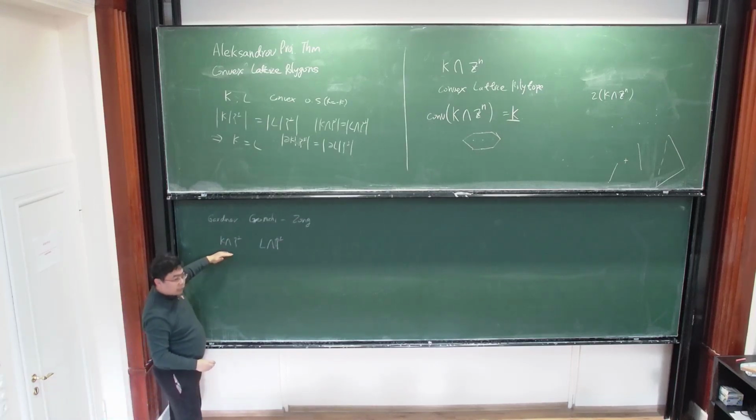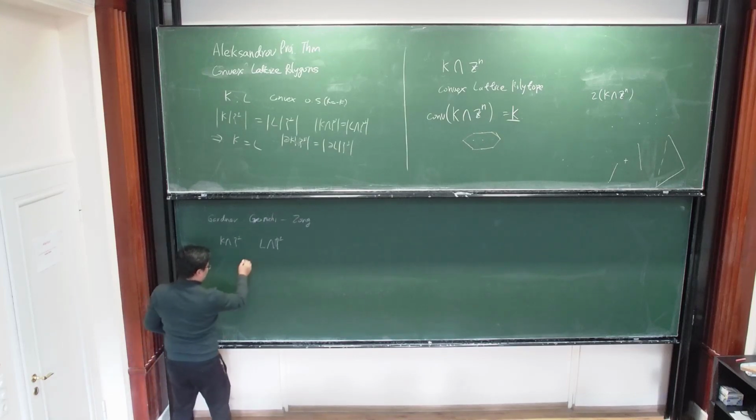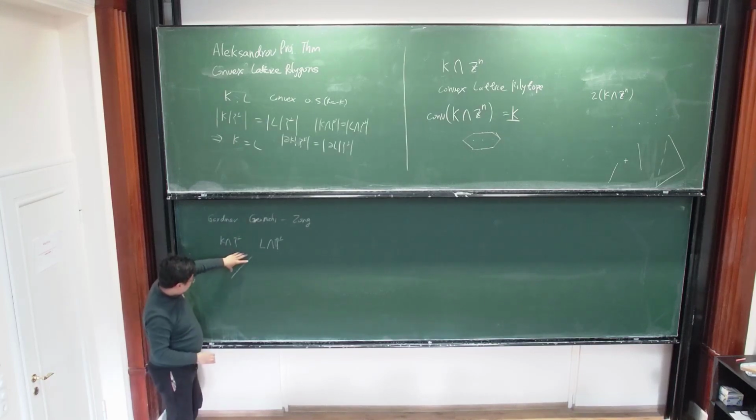If you have two convex lattice sets and you take the slicings, you can always find some line. How many points are here will immediately give you how many lengths here. So the length is uniquely determined by the number of points.